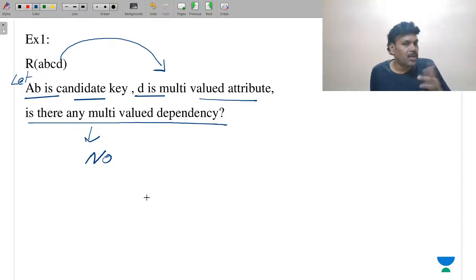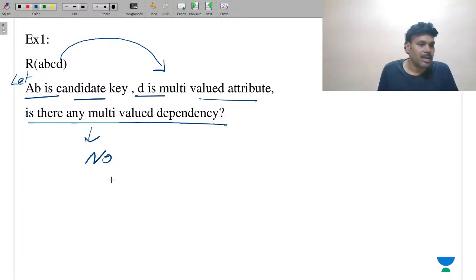For a multi-value dependency, there is a minimum requirement of two multi-valued attributes. Otherwise, it's not possible, because the tuple generated redundancy depends on multi-valued attributes.